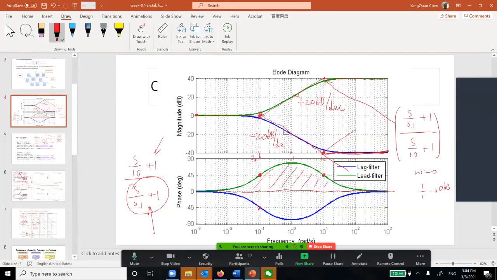So for the first order Bode plot, now you can see this one will correspond to my magnitude Bode plot like this. But usually you are not going to work directly on the original plot, because it's hard to identify the corner frequency, okay?